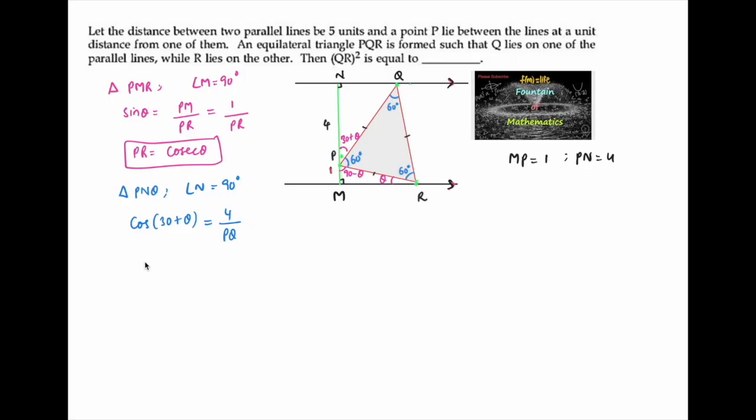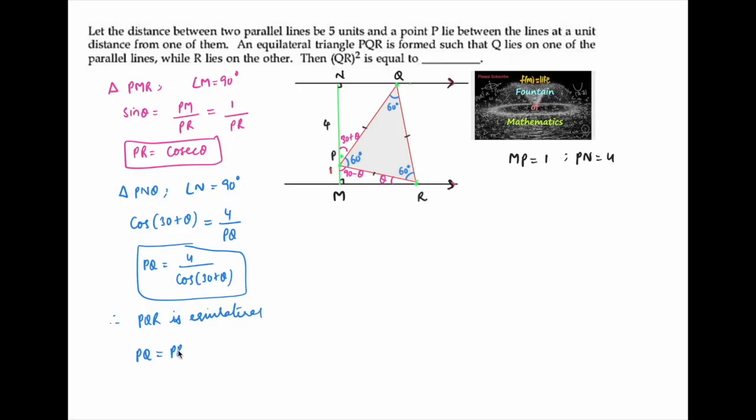So here we can write PQ is equal to 4 upon cos of 30 plus theta. Since PQ is a side and PR is also a side, and PQR is equilateral, we can equate the sides.